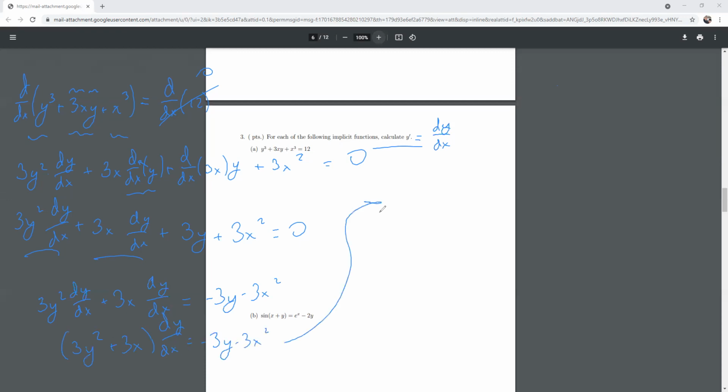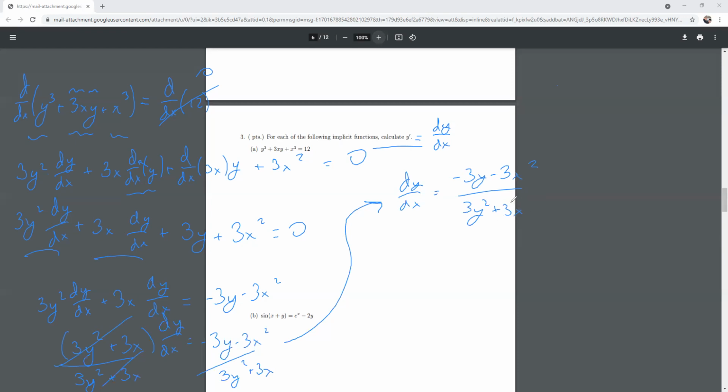I'm going to bring this up over here. We're going to divide by this whole thing, and do that to the other side. All right, so then this goes on to the other side. So then these cancel. dy/dx is equal to minus 3y minus 3x squared over 3y squared plus 3x.